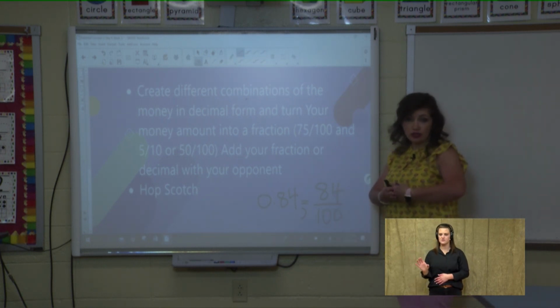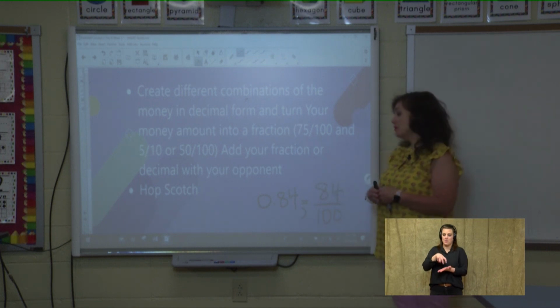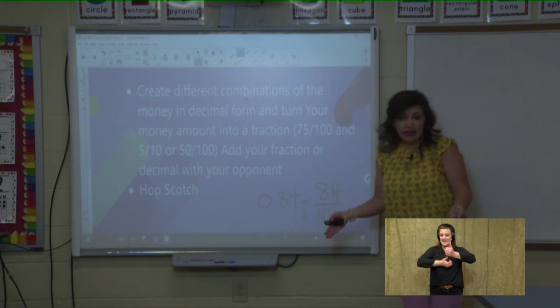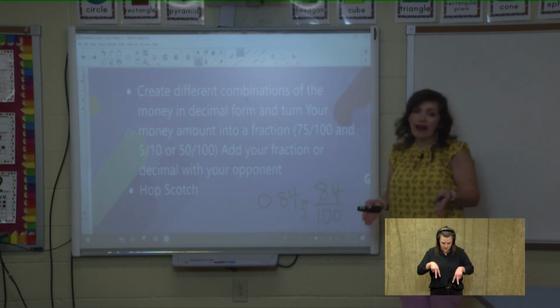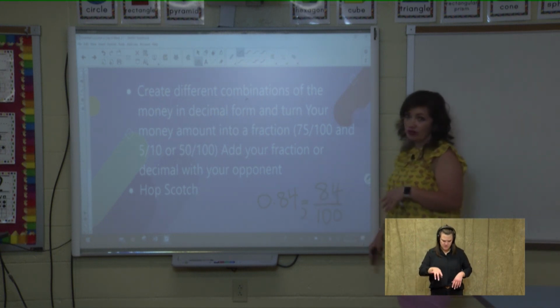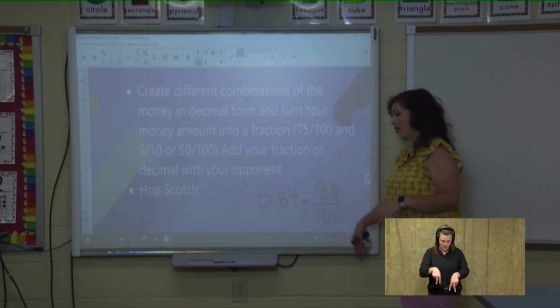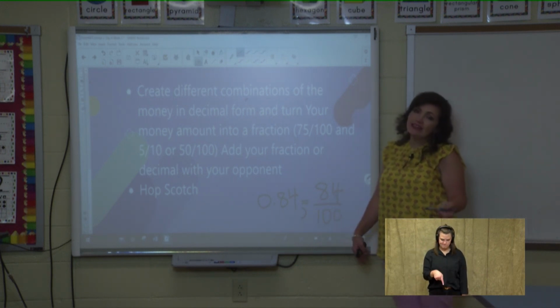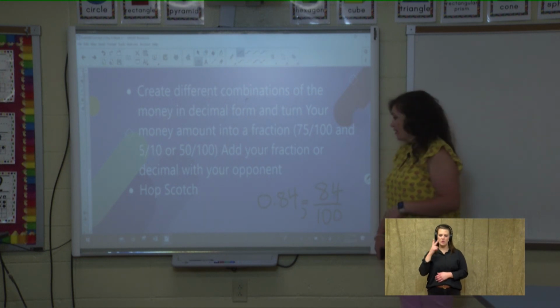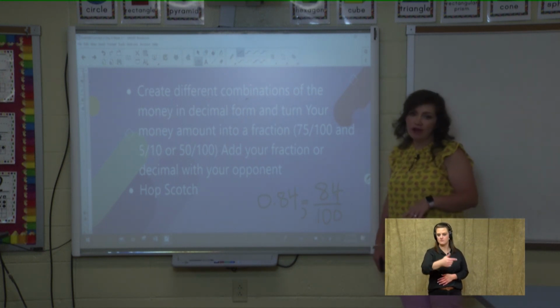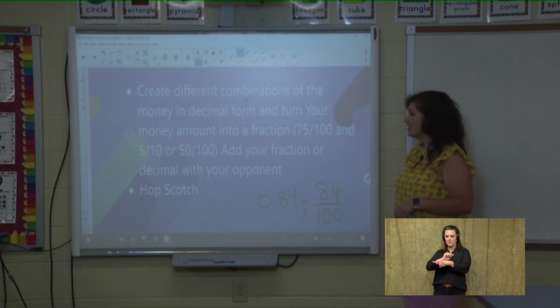And I would want to complete my entire hopscotch board, and then each number that you land on, I want you to call out that decimal. So if you land on 4/10, then you would say, oh, my decimal would look like 0.4. So you could do this with several people. These are just some fun ways to practice our fractions and decimals.